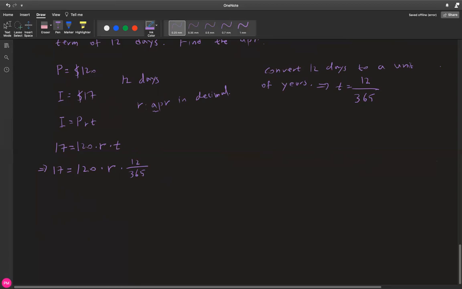So I'm not going to calculate each one, but let's still do the step-by-step thing. So from here, by simply dividing 120 on each side, you should end up with 17 over 120 on the left-hand side. On the right-hand side, you should have R multiplied by 12 over 365.